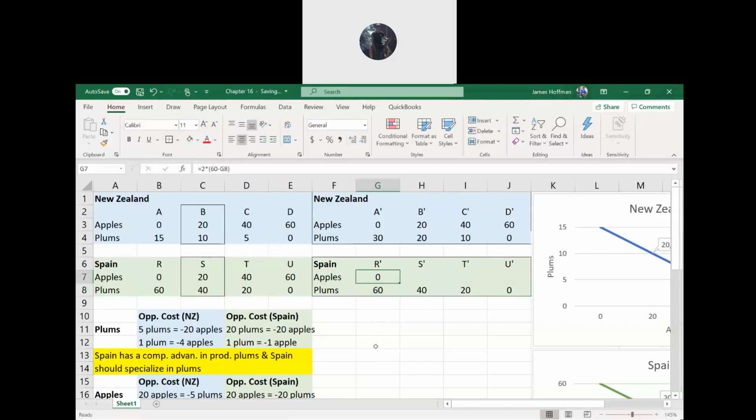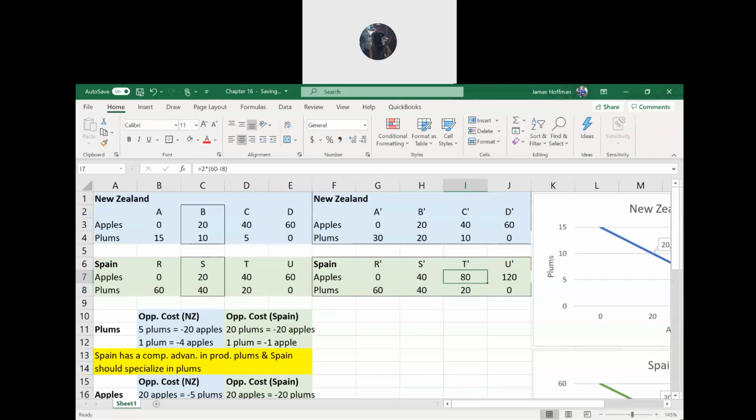And if I apply this formula over like this, okay. So here we traded away 20 plums, and we kept 40. We traded 20. Each of those plums gives us two apples. So 20 times 2 is 40.